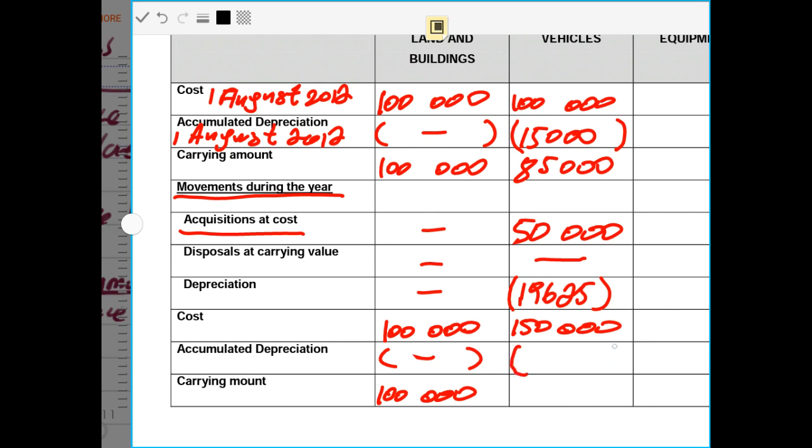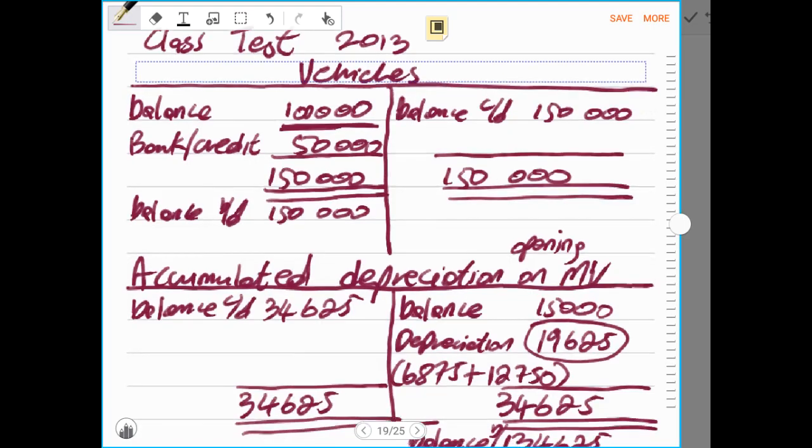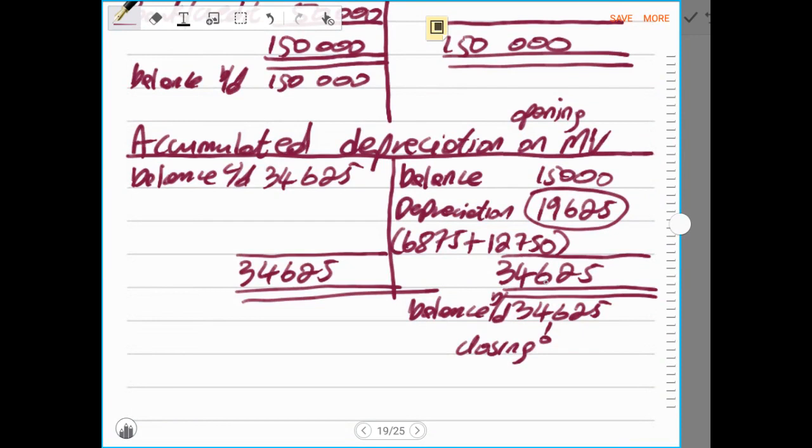Remember, this is the balance on the 31st of July in the year 2013, and this is the closing balance on the 31st of July 2013. Just take note of that. This is also the closing balance of the vehicles' accumulated depreciation at the end of the year, which is 34,625 rands.